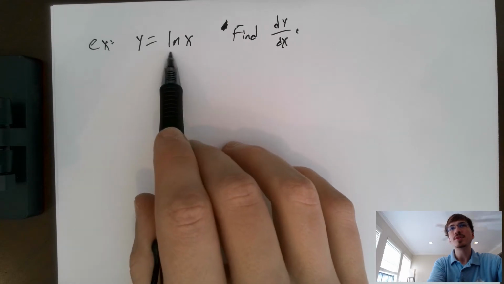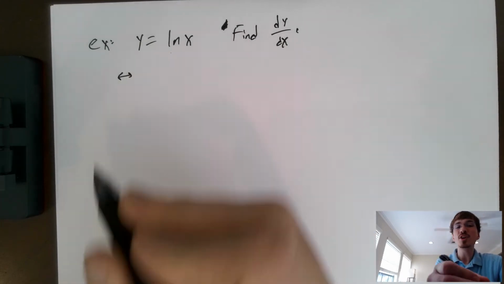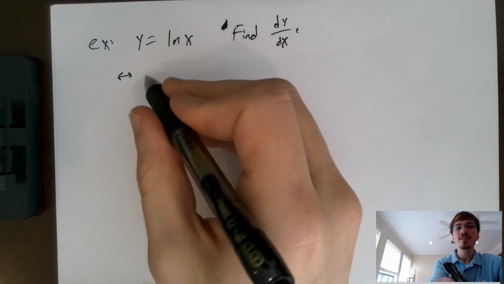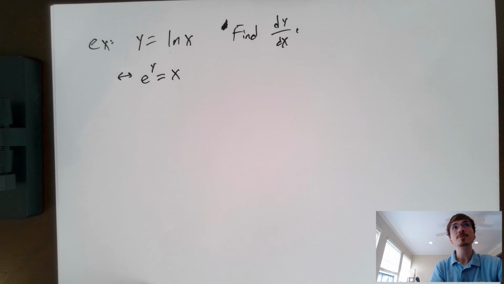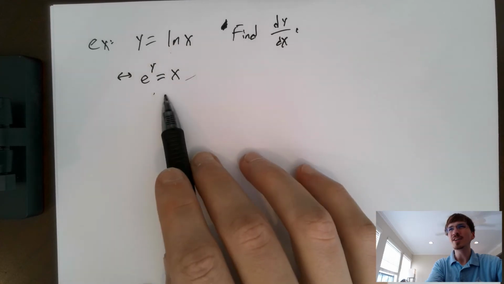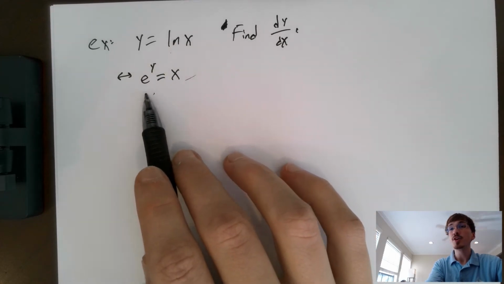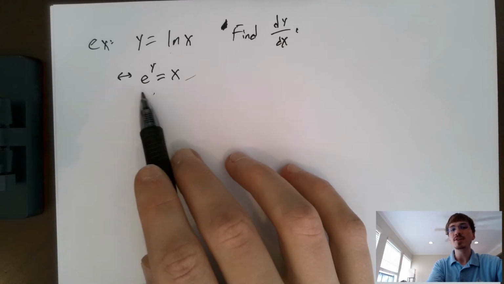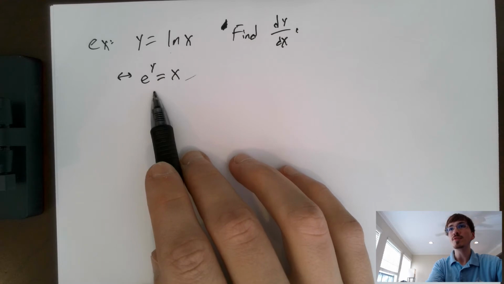If y is equal to the natural log of x, because the inverse function of the natural logarithm is e to the x, this means that e to the power y is equal to x, right? And with this choice, let us now find dy/dx. How do you think we're going to do that? We're going to use implicit differentiation, right? We're going to differentiate both sides with respect to x. And what's the derivative of the left-hand side?